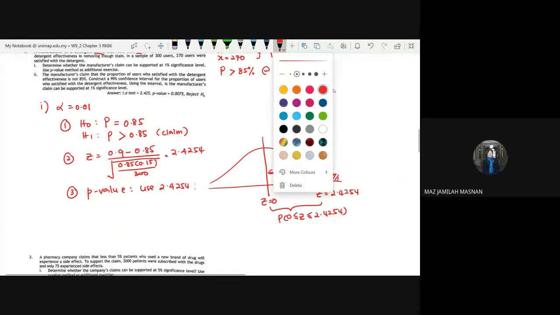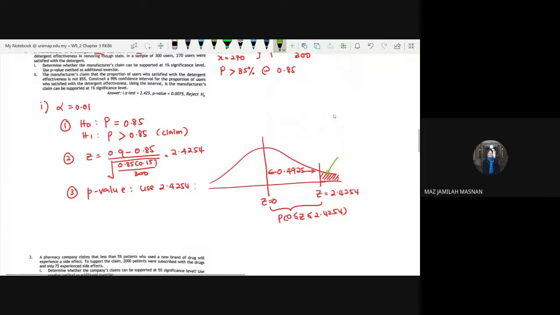So here this will be 0.5 minus 0.4925, which is 0.0075. Okay, correct.